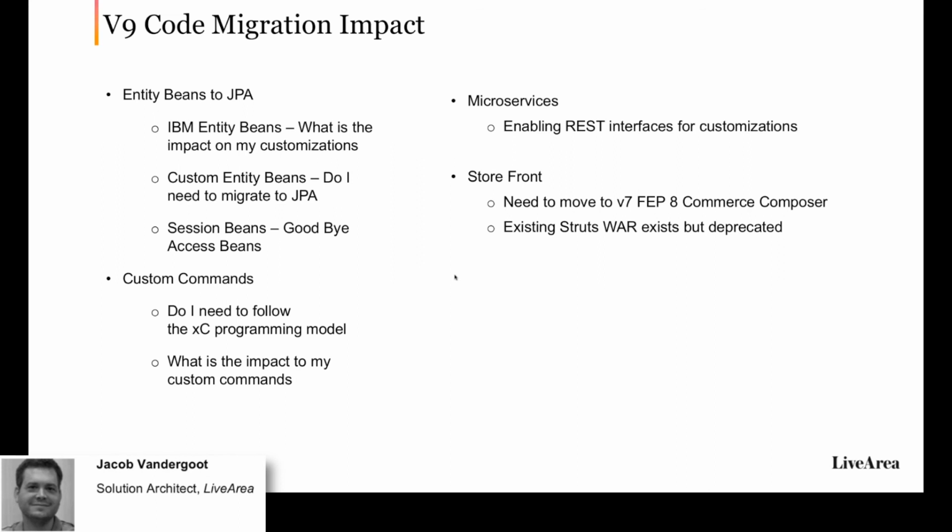But with using Rational as your tooling, there are already tools to make it easy to create these JPA artifacts. And IBM has already created all the registration points. So to create JPA artifacts for your existing entity beans is not very difficult. The tooling really helps to accelerate that.